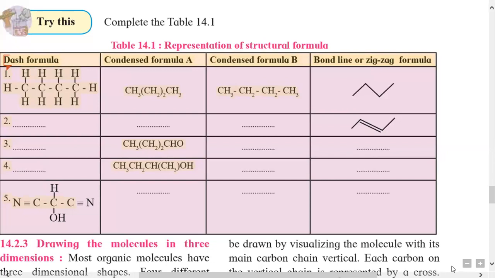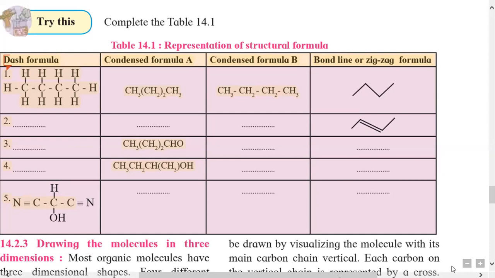So here an exercise is given on how to write the condensed formula from the bond line formula. From the bond line formula, we can read the atoms present in this formula. So it is CH3 at the left end. Then there is a CH because there is a double bond. If it is a single bond, then it is CH2.